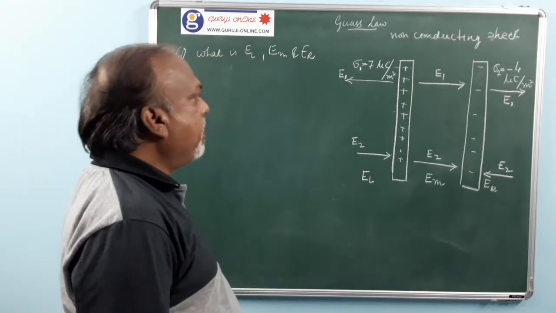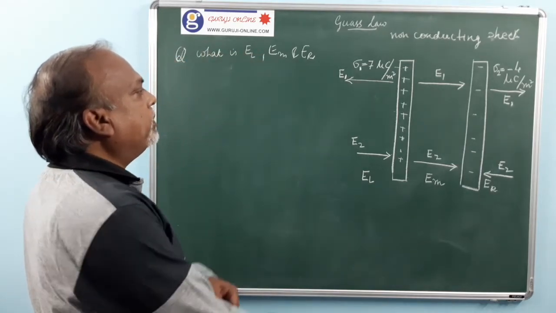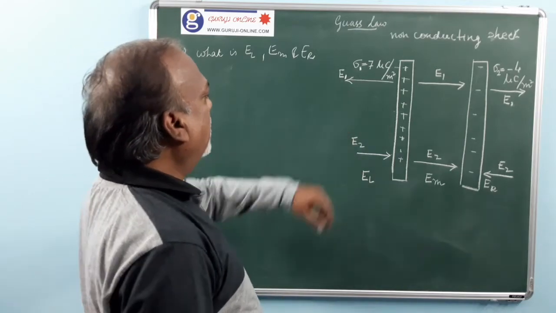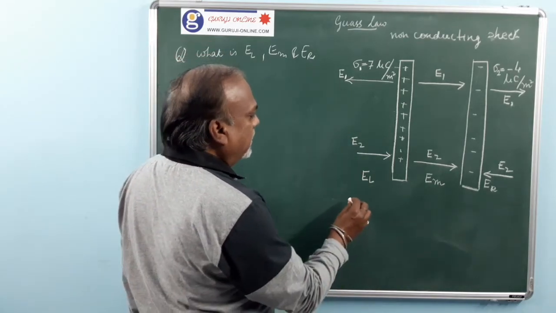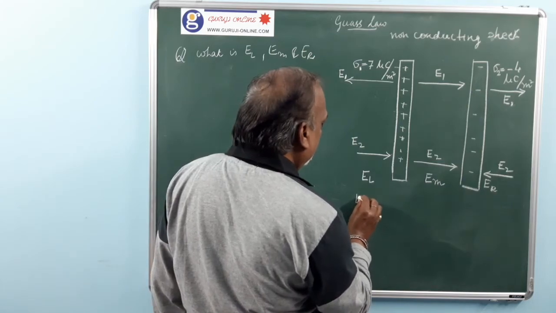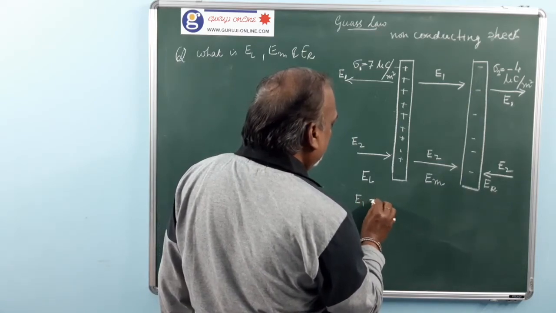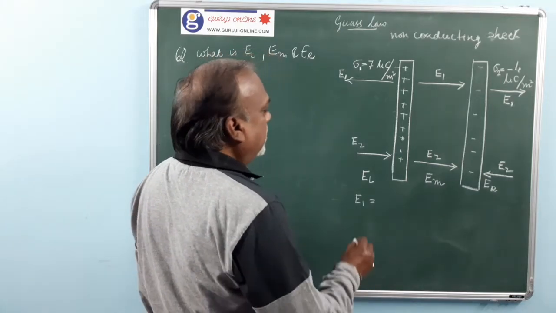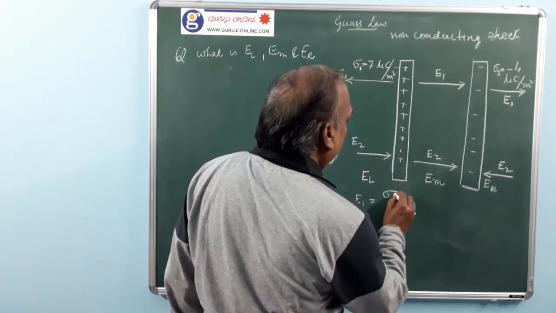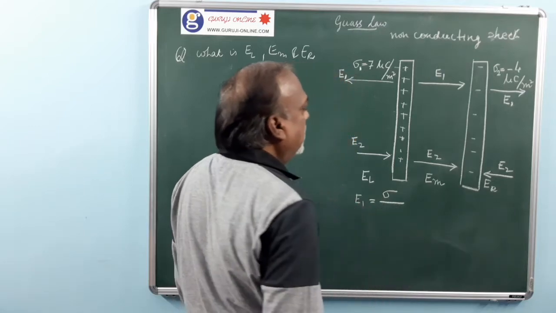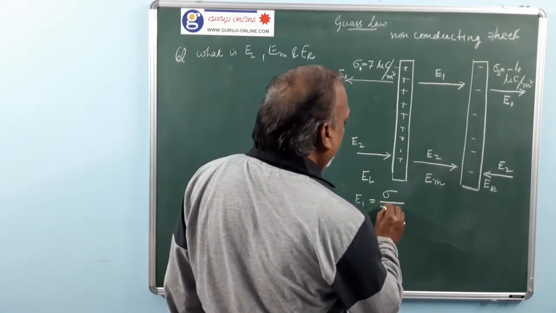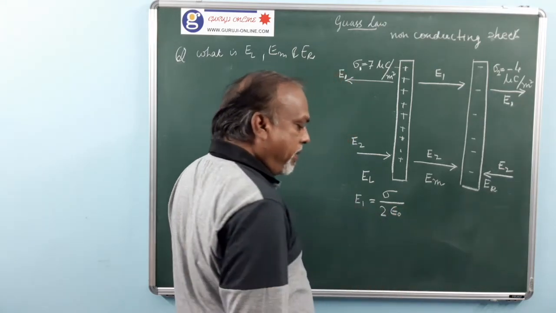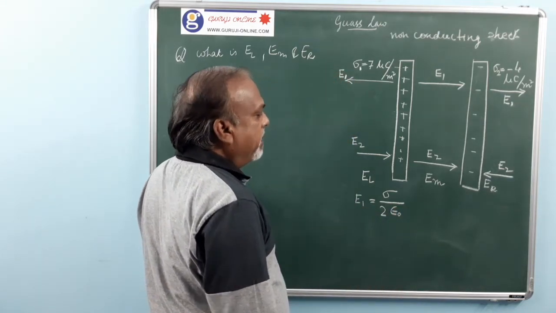So what is basically E1? E1 we can calculate. For a non-conducting sheet, it is sigma upon 2 epsilon naught. Correct?